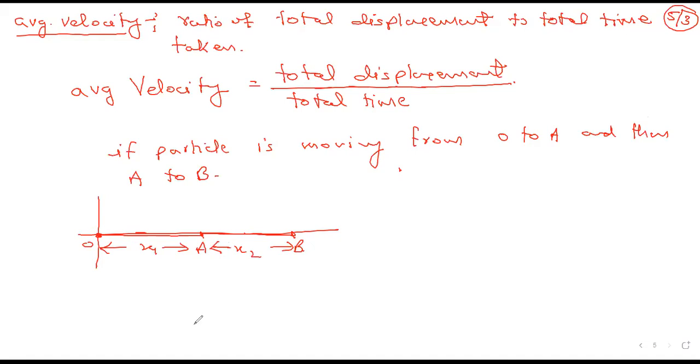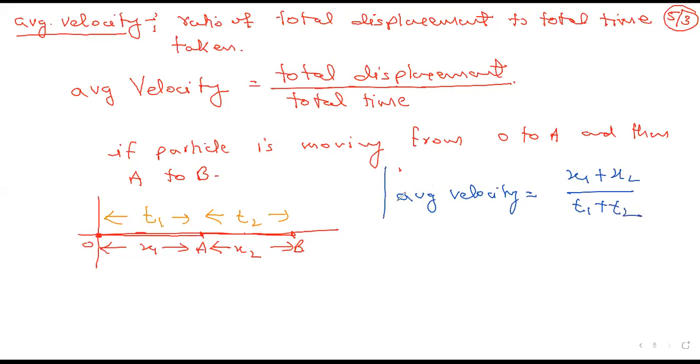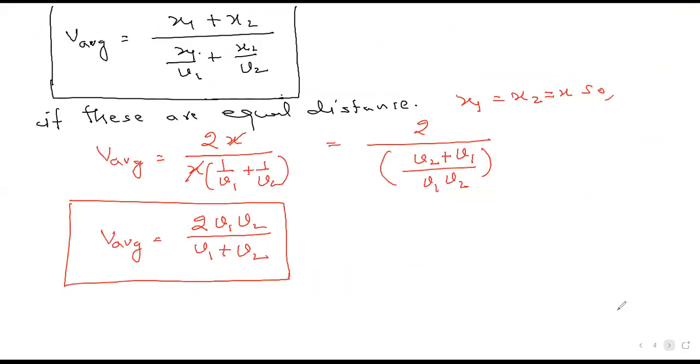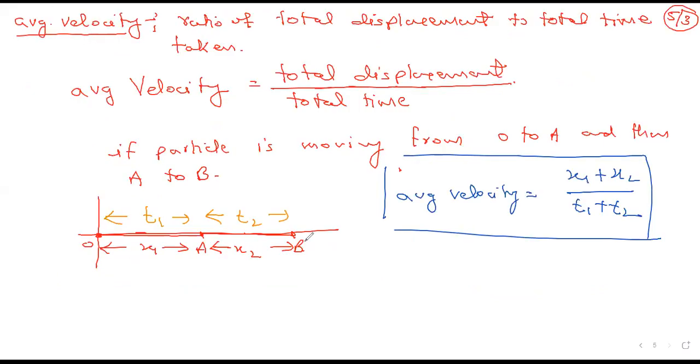The times consumed are t1 and t2. This is very much okay. So you can say average velocity here is x1 plus x2 upon t1 plus t2. And you can see that this equation is similar to this one. This is exactly the same equation you wrote here. There is no difference, because you are going only along a line and not returning back.